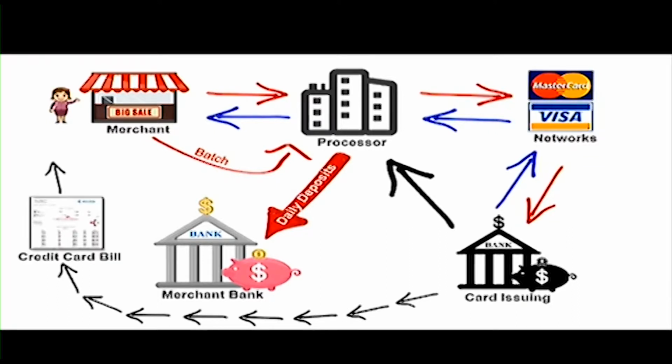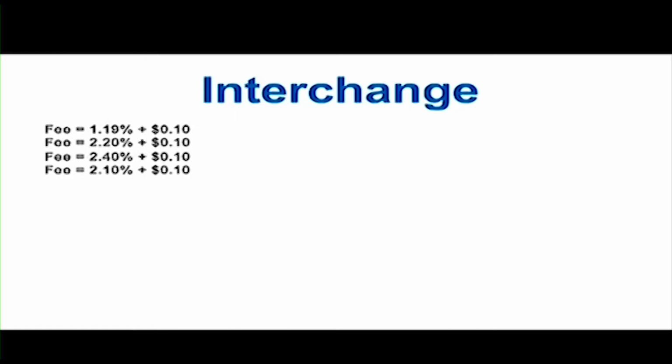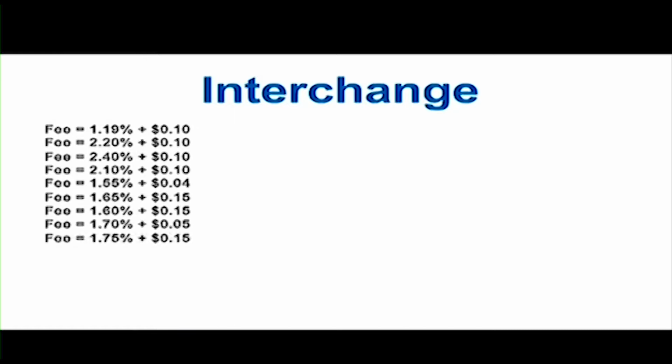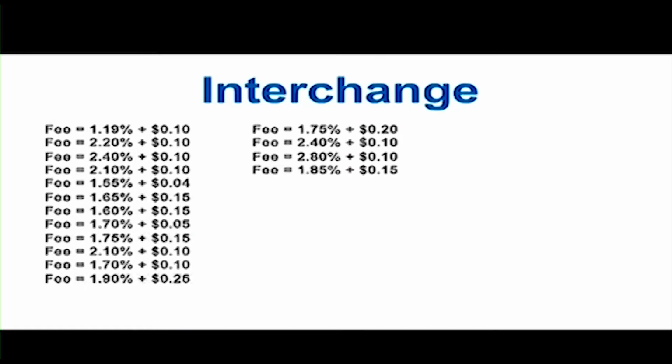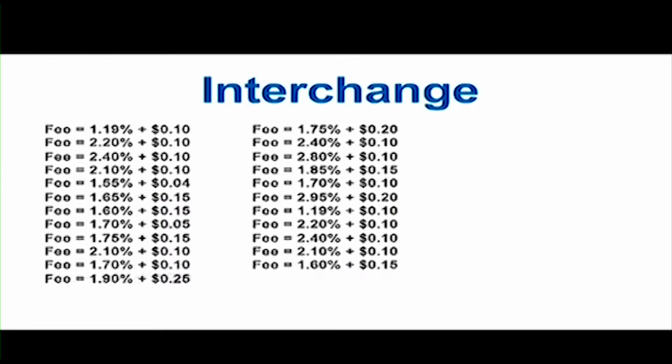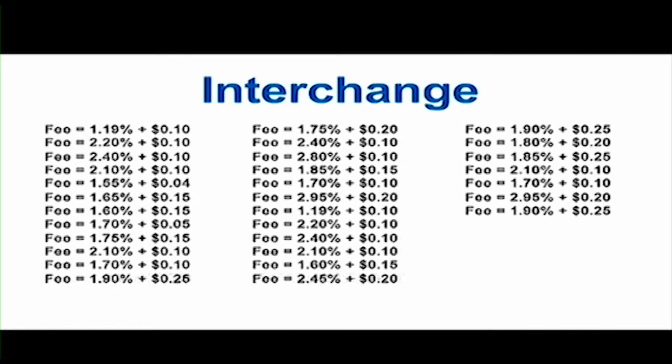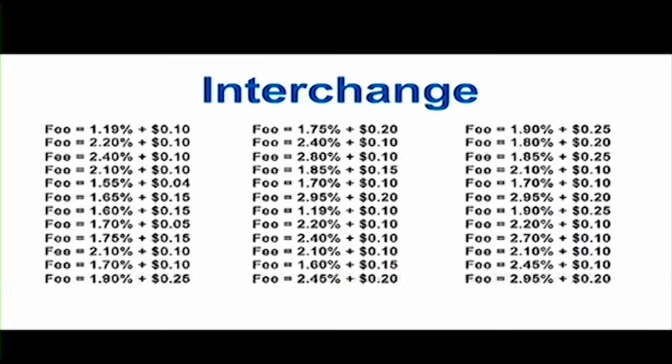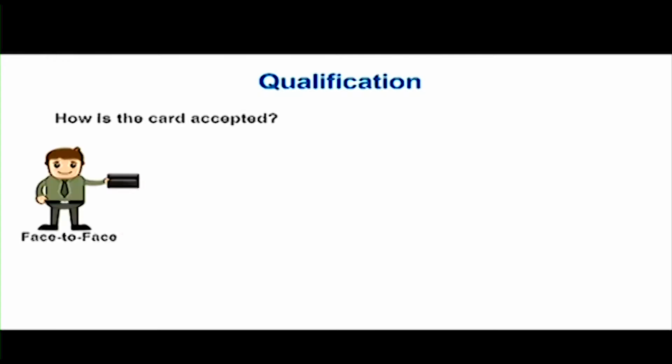What is interchange and what role does it play? Interchange is a schedule of fees that determine the price for all credit card transactions. There are hundreds of interchange levels and each is comprised of a set of qualification requirements that must be met in order for a transaction to fall into a certain category. The two main qualification requirements are, number one, how the payment is accepted, whether it's face-to-face or over the phone, for example.